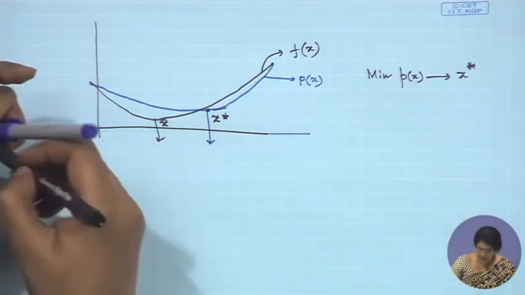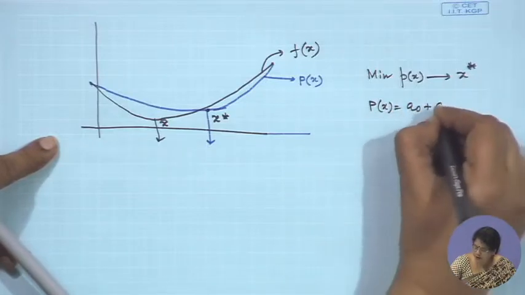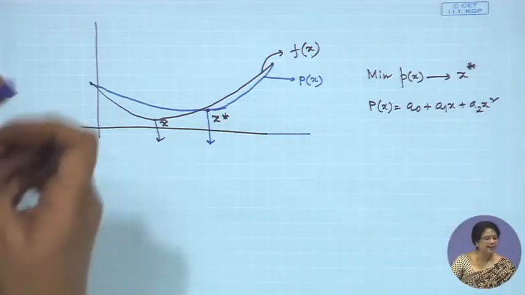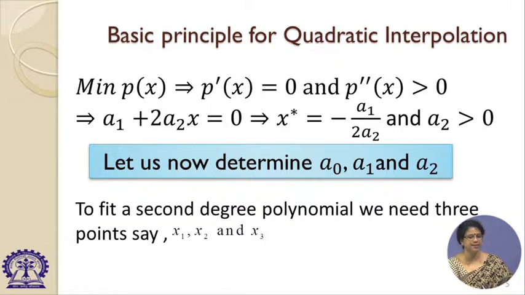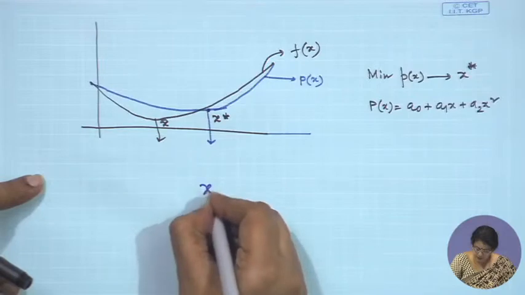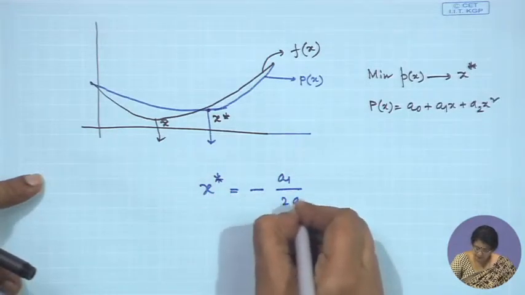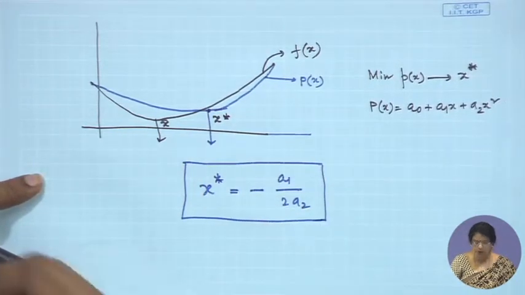If we consider the first order derivative of Px, where Px is a0 plus a1x plus a2x square, then the first order derivative is a1 plus 2a2x equal to 0. In other words, x star is equal to minus a1 by 2a2. That is the important thing we will use everywhere, that for the fitted polynomial that would be the optimal solution.